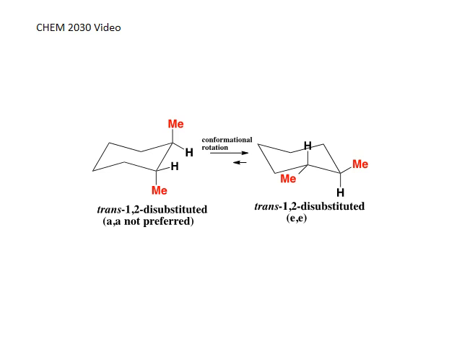Now, I want to say something a little bit more about the trans disubstituted, just to remind ourselves of something. We could have thought that the two methyl groups, the two substituents, could be trans and AA, one pointing up and one pointing down.